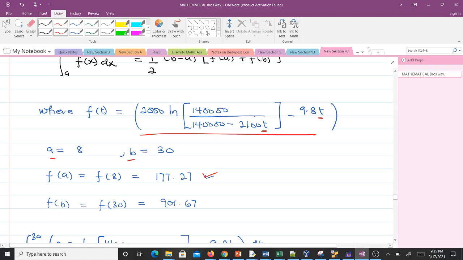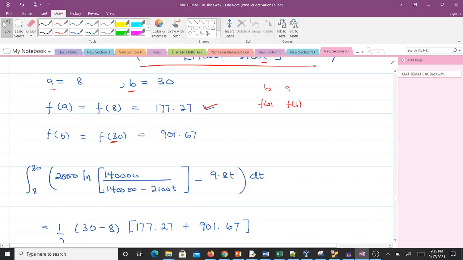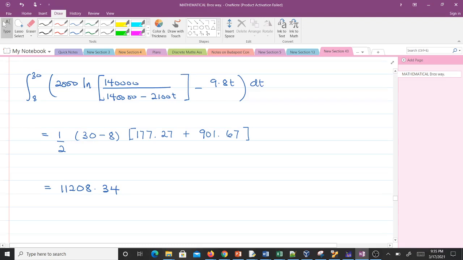Then f of b, where b is 30, which is f of 30, will give you 901.67. So with that one, wherever you find t, you put 30 there. So now you know what your b is, what your a is, what your f of a is, what your f of b is. So you come back here and put it inside this formula, and that will give you the answer you are seeking.